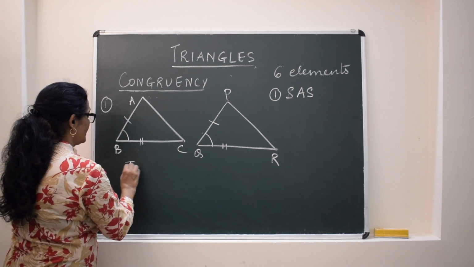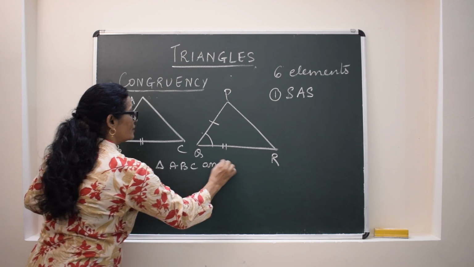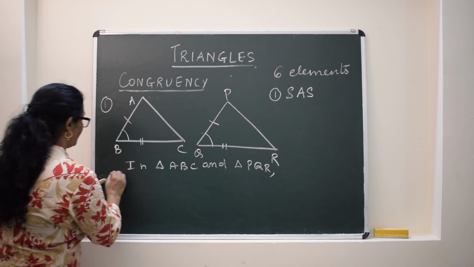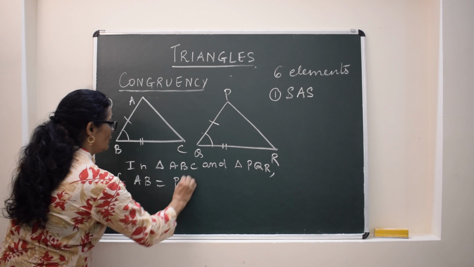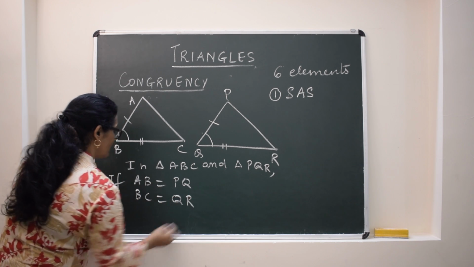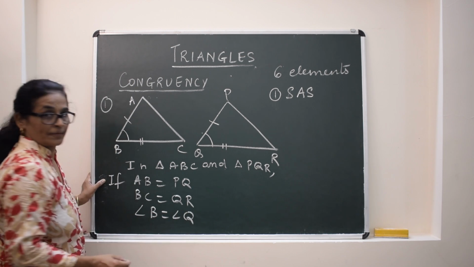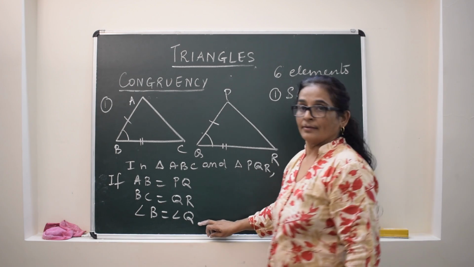So we will say in triangle ABC and triangle PQR, if AB is equal to PQ, BC is equal to QR, and angle B is equal to angle Q. I have written in this order.